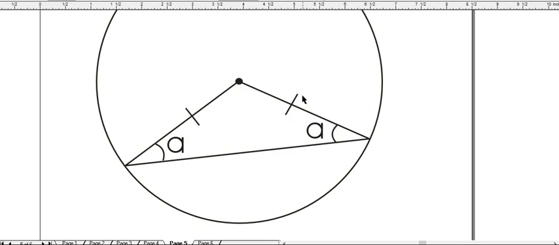Look at one bar here and another bar there. Whenever you see angles marked with single bars or double bars, it simply means those base angles are equal. Like in this case, A is equal to A because they are both subtended by two radii of the same circle. So angles subtended by two radii in a circle are equal.